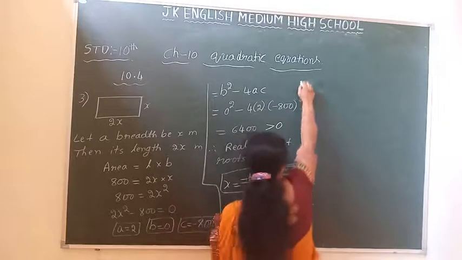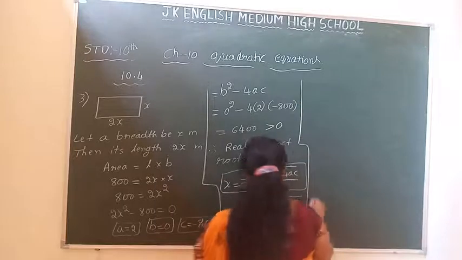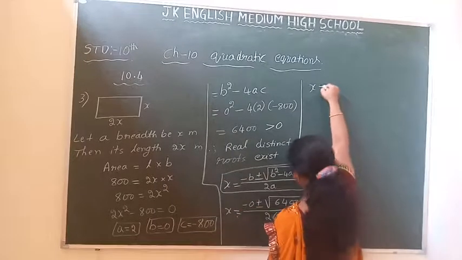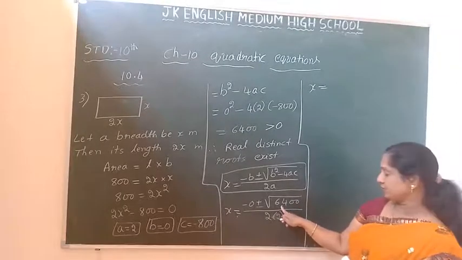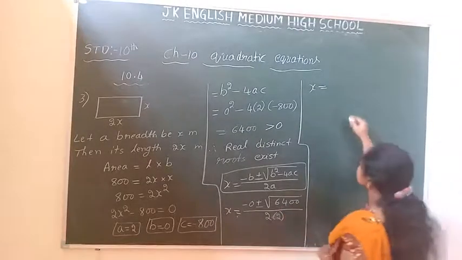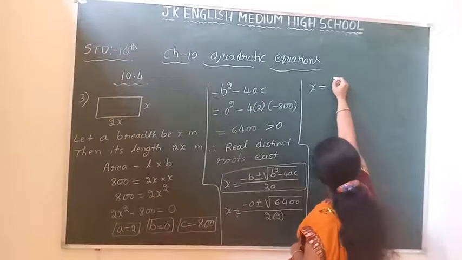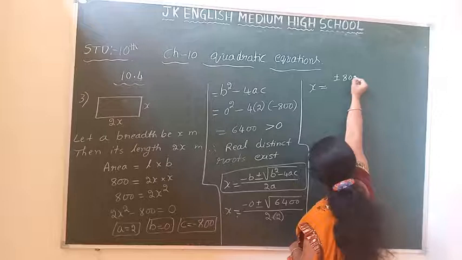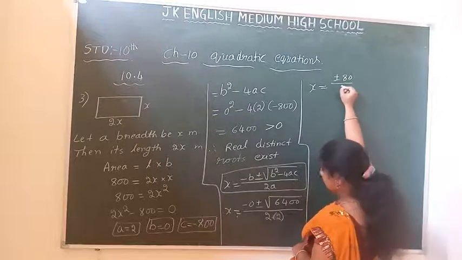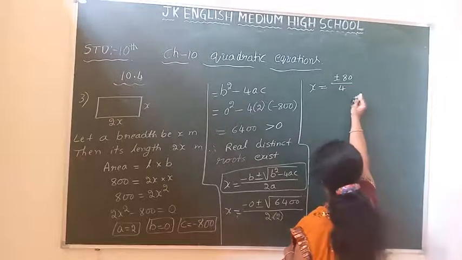So substitute and simplify the answer. So x is equal to, 6400 is a square number, 80 8s... 80 80s are 6400, so it becomes plus or minus 80 divided by 4.